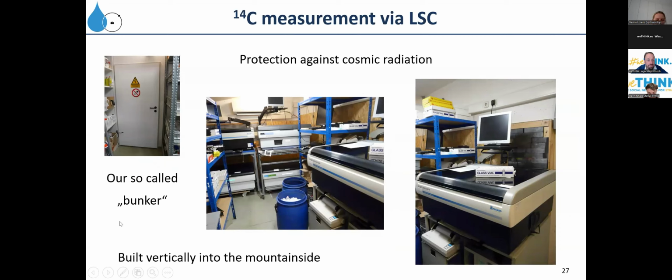So in our lab, we have a bunker built vertically into the mountainside. And additionally, here you see lead stones which protect against all cosmic radiation going through the walls.